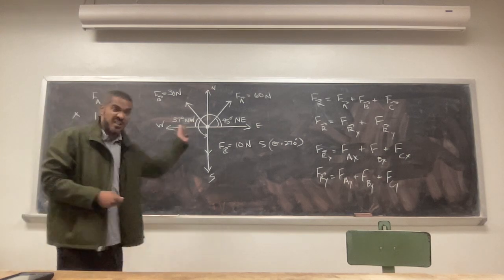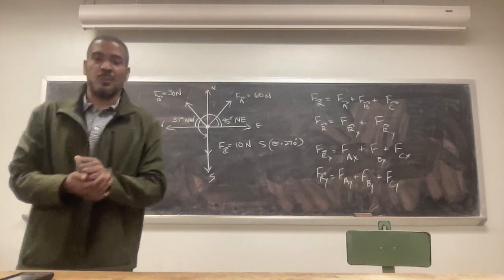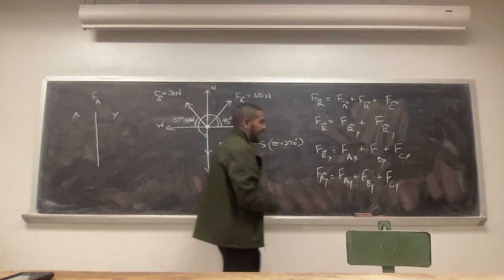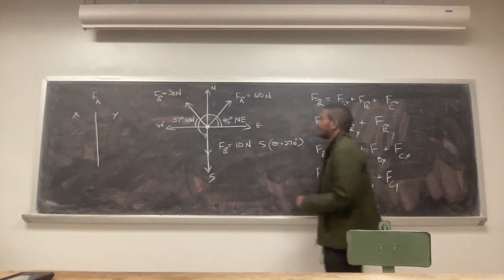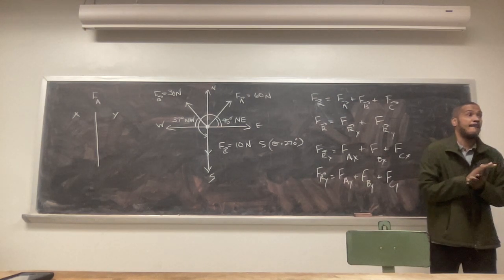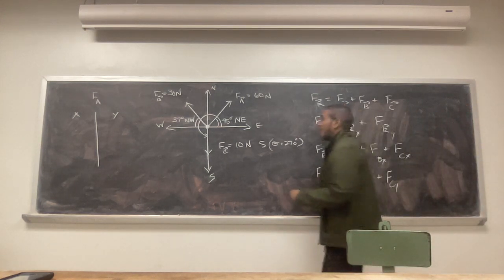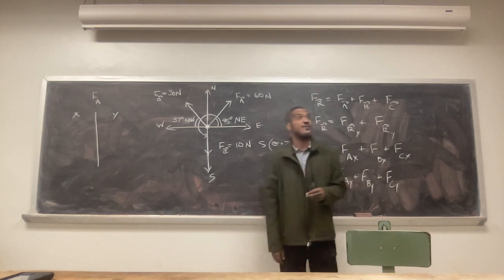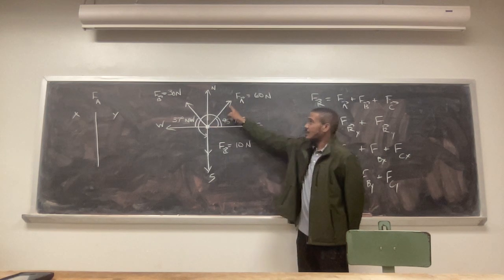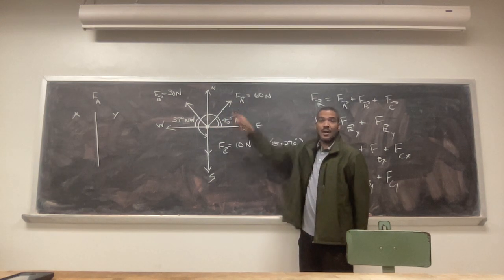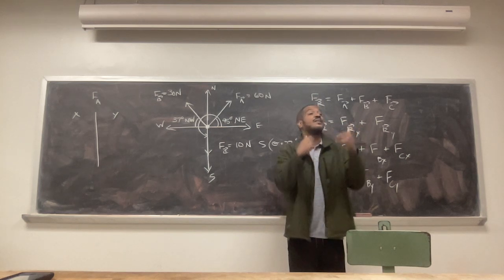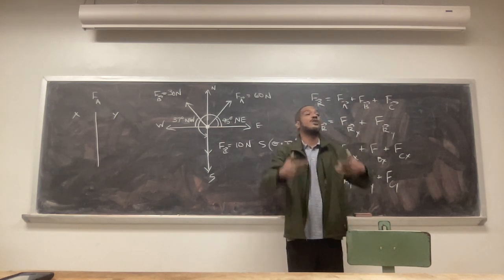Force A has X and Y components. So how do we get the X and the Y component on force A? First, how do we identify them? This is force A, and what are the components? Give me a definition of what a component is.